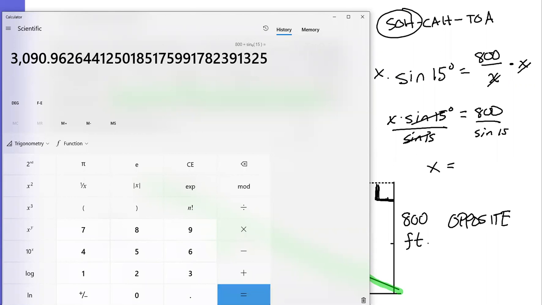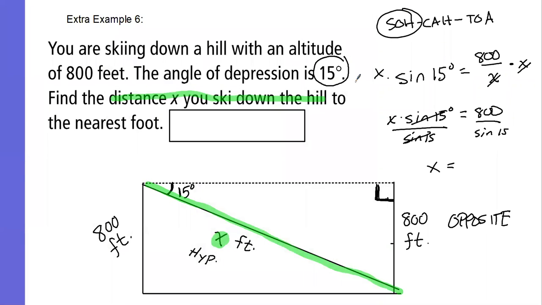So if I hit equals, I'll get 800 divided by the sine of 15, and I'm at 3090.96. If I'm rounding this to the nearest foot, I'm about 3091. So my x value is about 3091, and this is in feet.